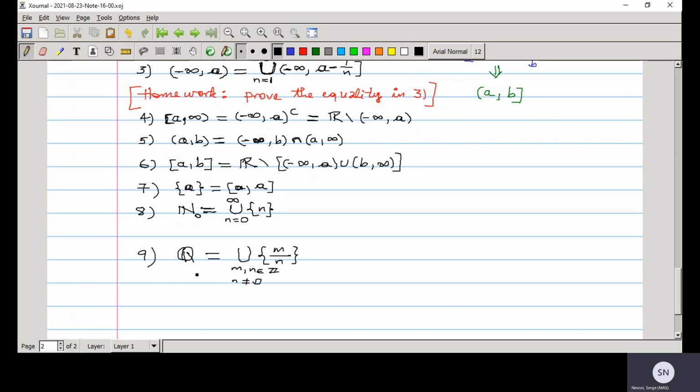Now, if I take the complement of this, because this is there, I can take its complement, which is the set of irrational numbers, R minus Q, which is also there.